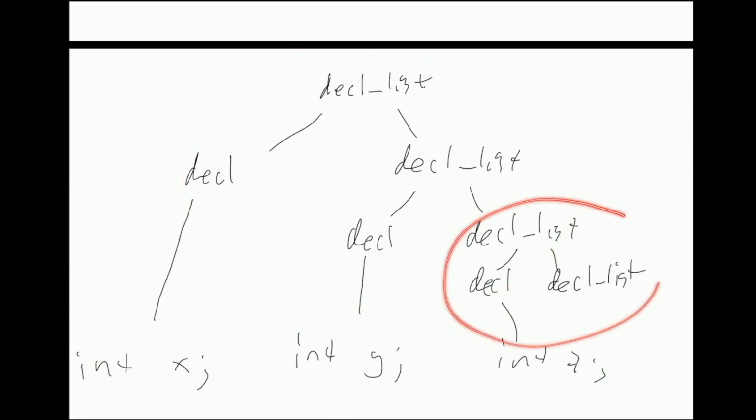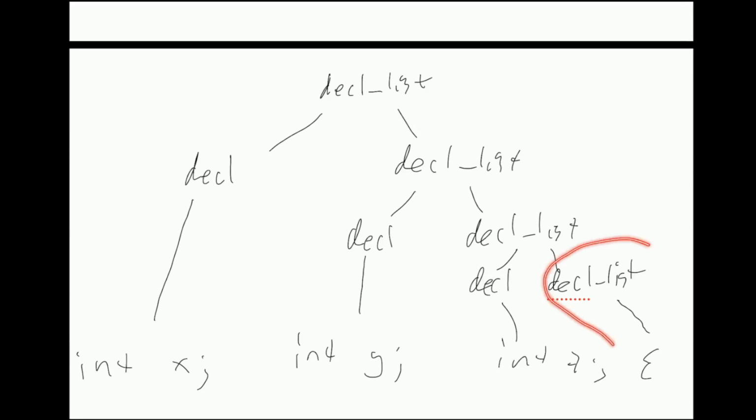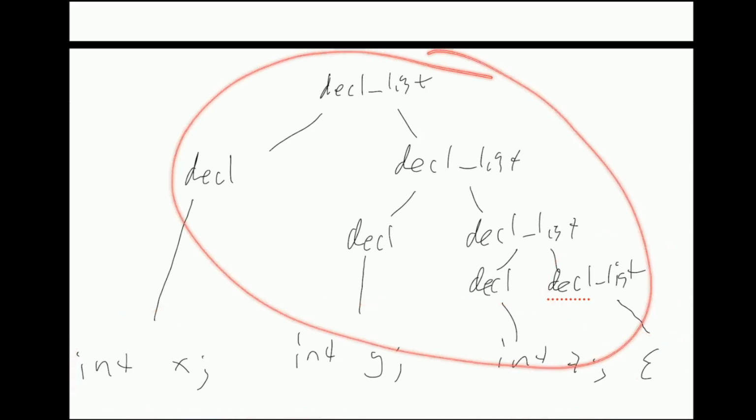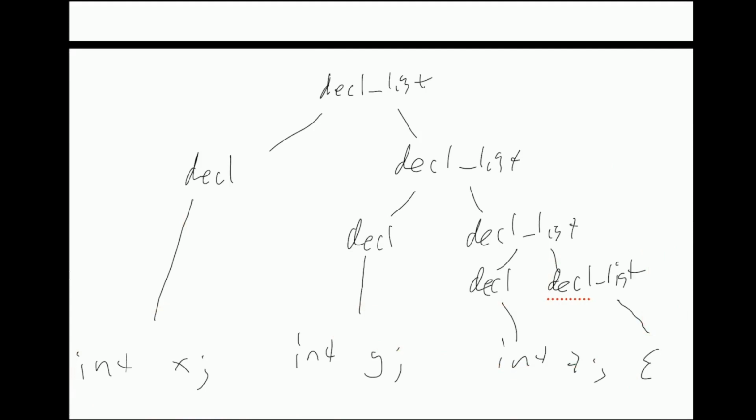But because this last declaration list must have been followed by another declaration list, this is where our empty input comes into play. Having that alternative that can also match an empty list allows us to recognize this whole finite input with this recursively defined declaration list structure.